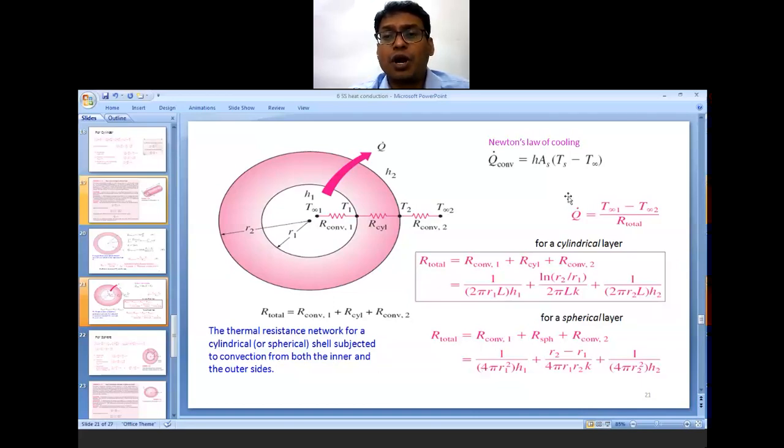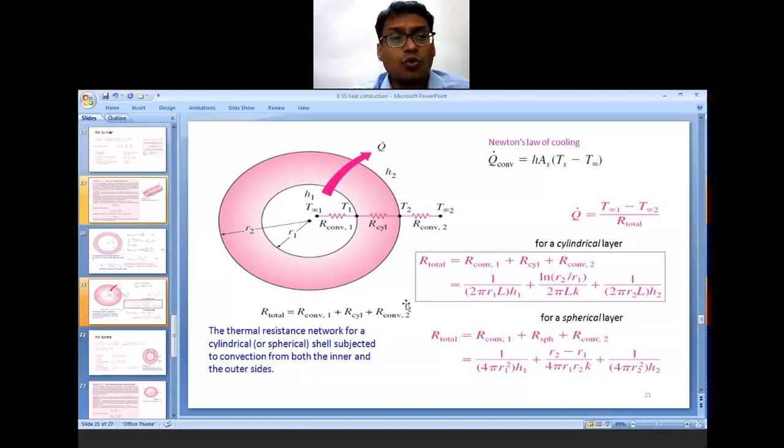And here we are taking into account the total heat transfer coefficient, incorporating from temperature T infinity 1 to T1, then from T1 to T2, and from T2 to T infinity 2.